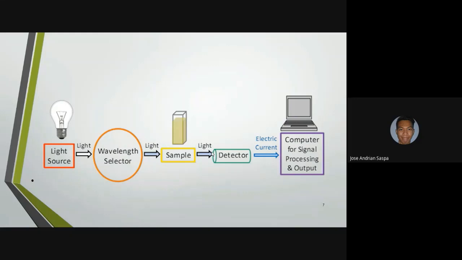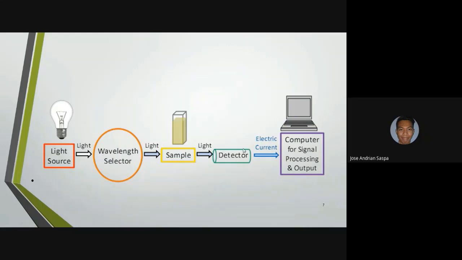And then we also have here the detector. This one detects the lights that pass through our sample. Single photodiode detectors and photomultiplier tubes are used with scanning monochromators, which filter the light so that only light of a single wavelength reaches the detector one at a time.